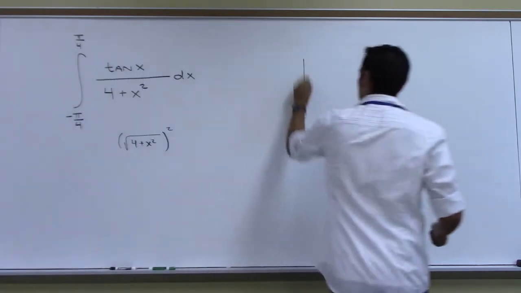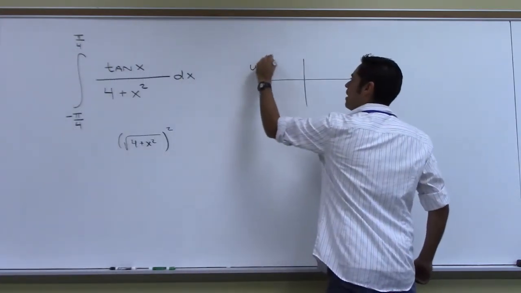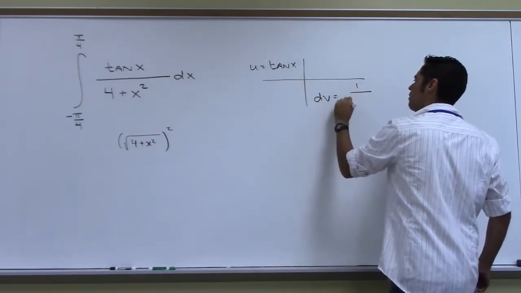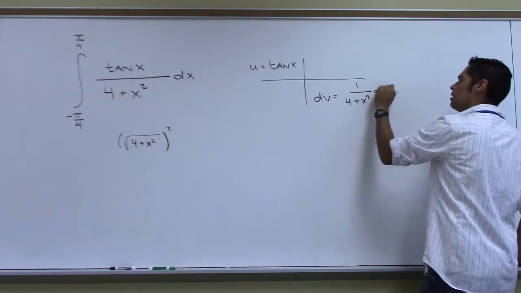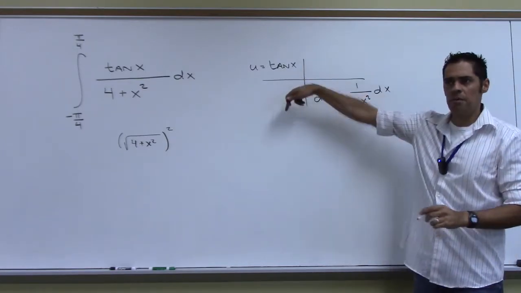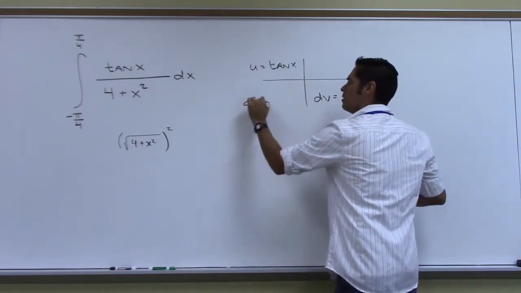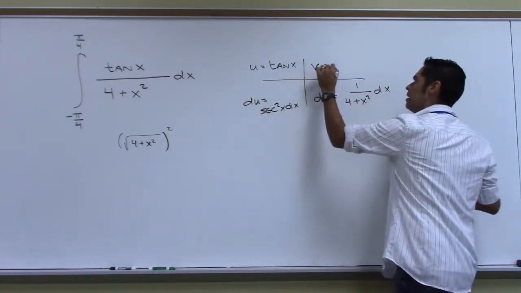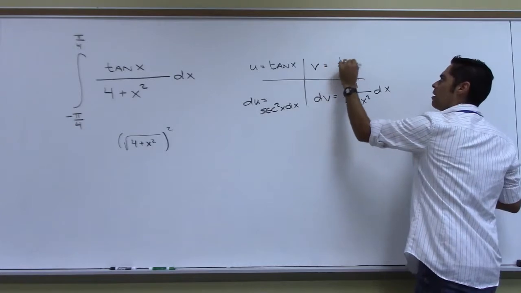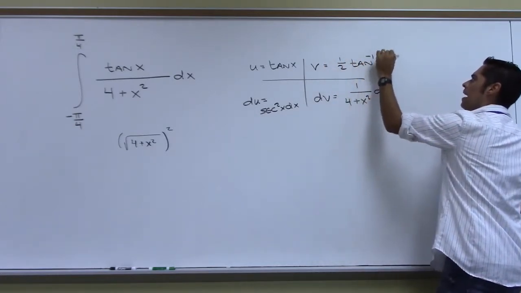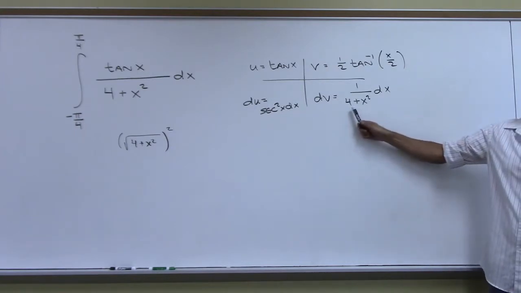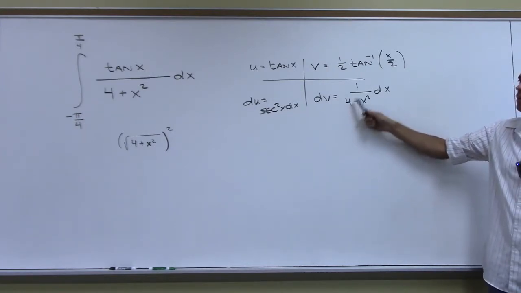I may as well write this down. u would be tan x, dv would be 1 over 4 plus x squared dx. The derivative would be secant squared x dx, and v would be 1/2 arctan of x over 2, wouldn't it? Because a is 2.